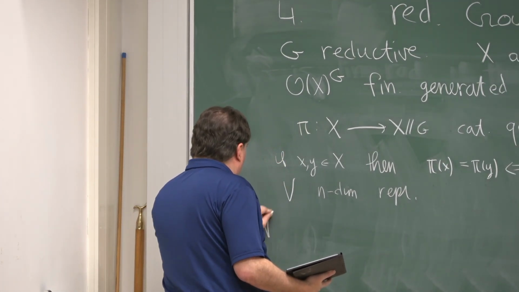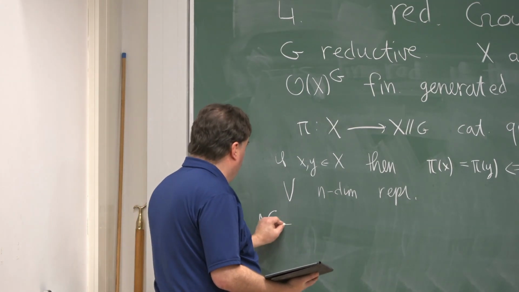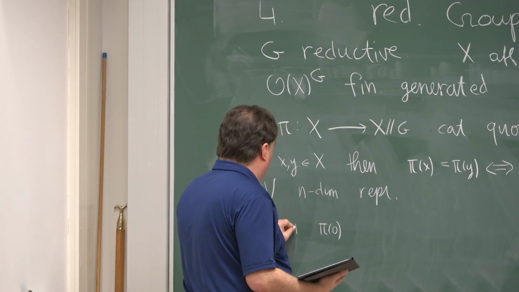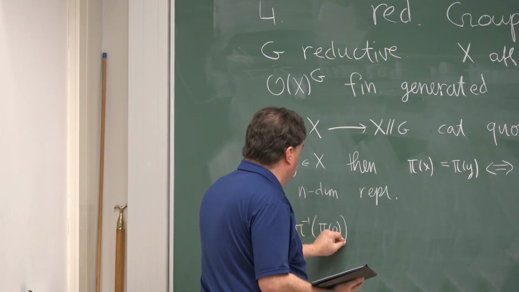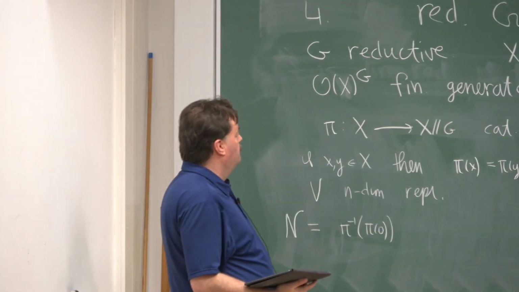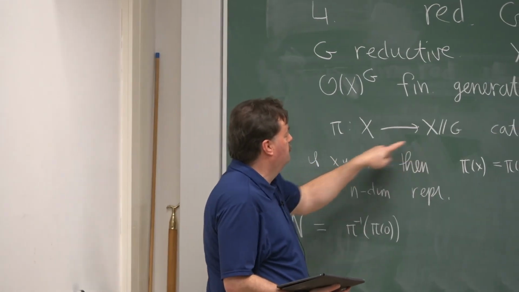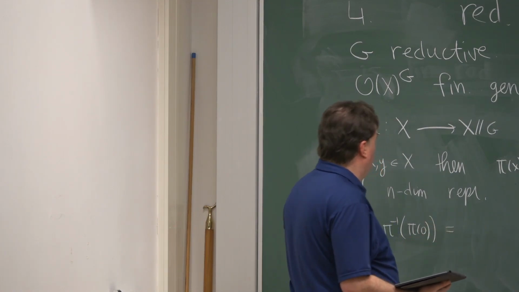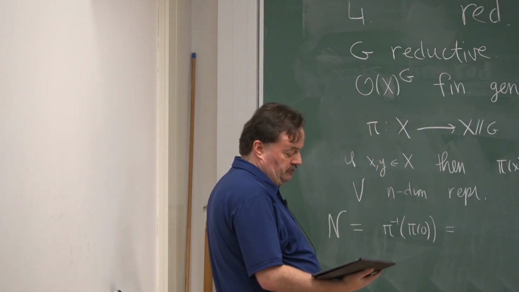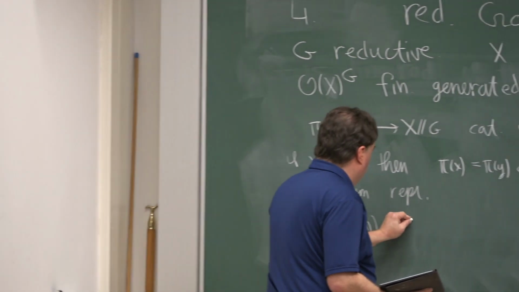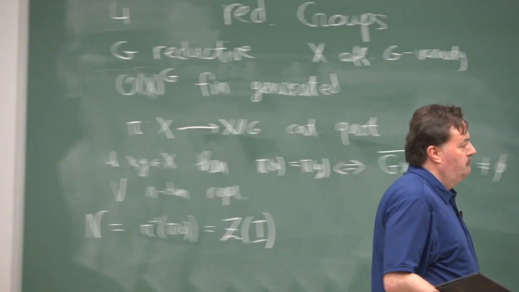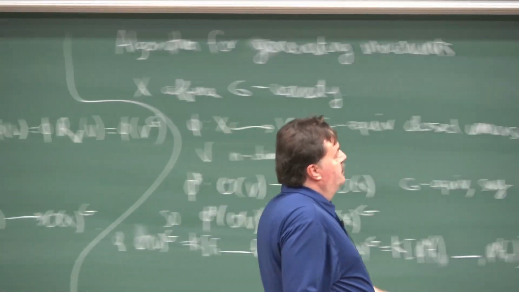So this Hilbert null cone, which we can define, for example, as pi inverse of pi of 0, sort of the zero fiber of this morphism, this quotient map. And this is exactly, if you think about it, the zero set of this ideal, right?